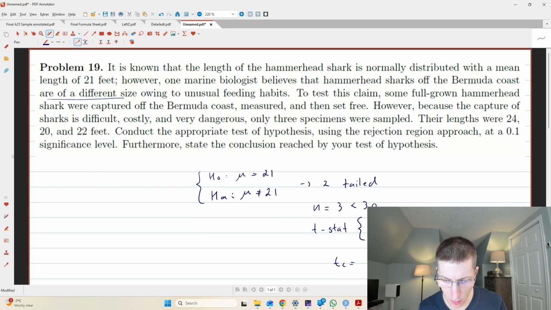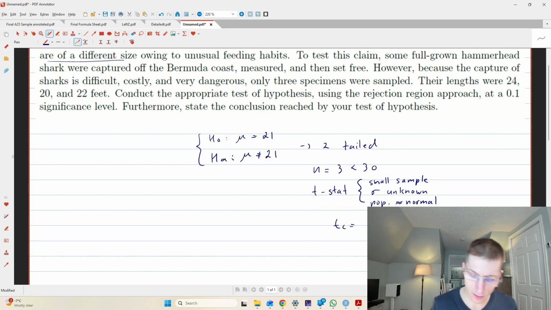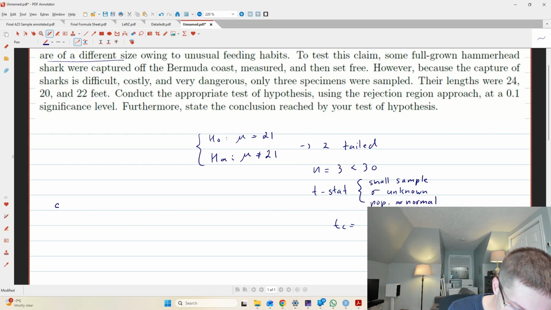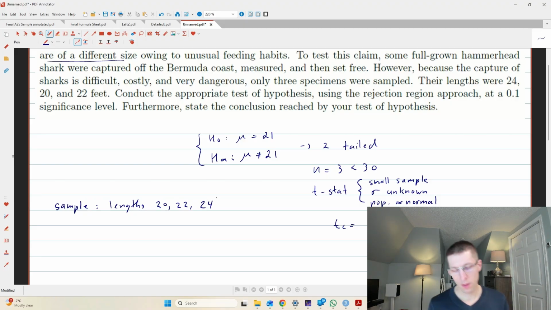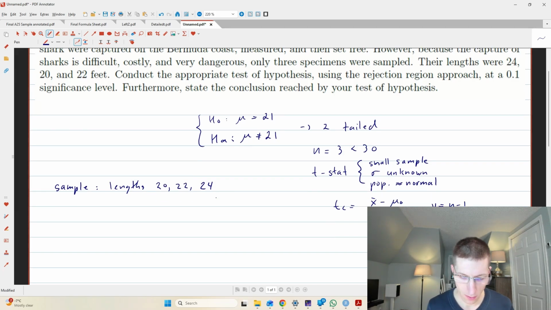So what do we have? We only know the lengths. So the sample has lengths 20, 22, 24. They don't give us the sample mean and the sample standard deviation, but they're very easy to compute. So let's do that.